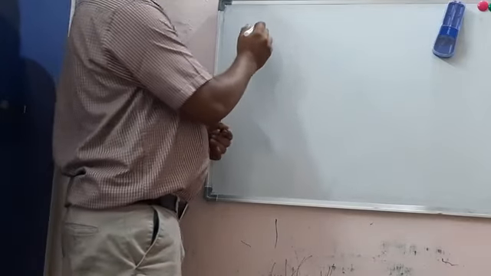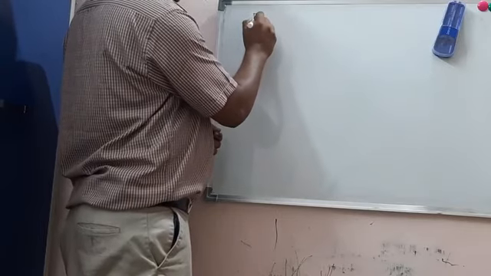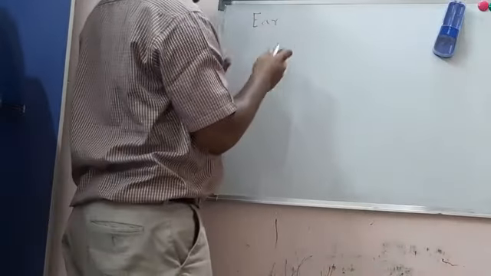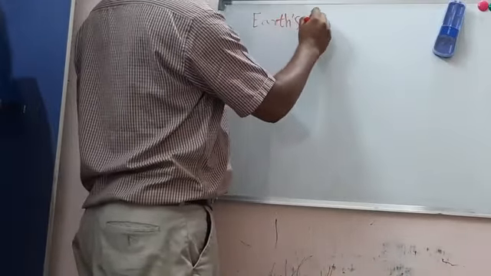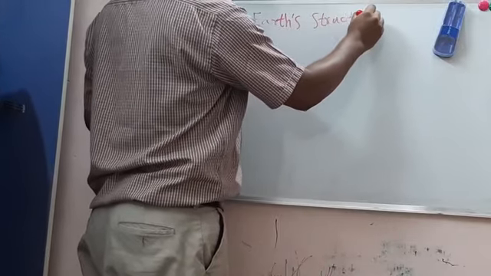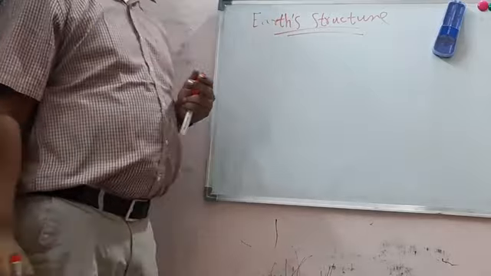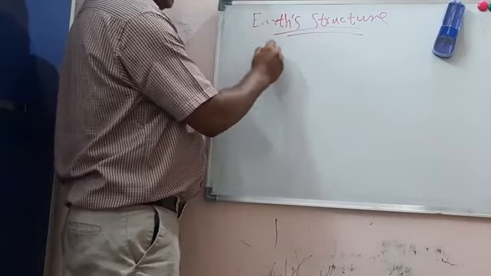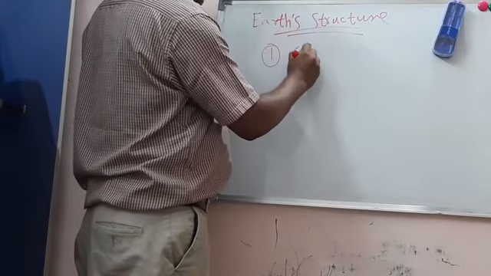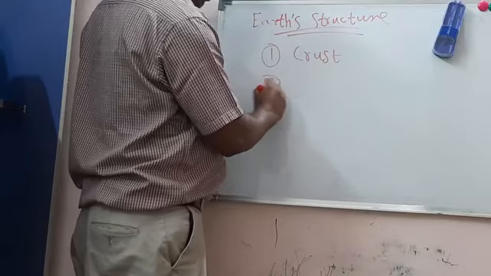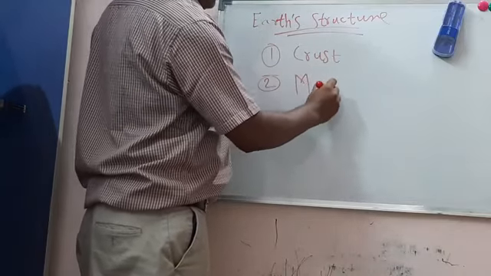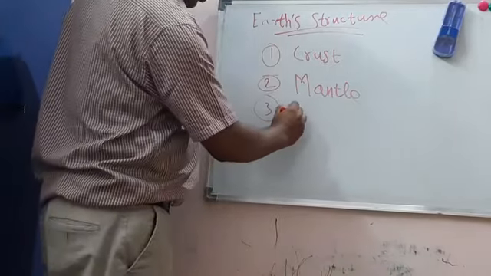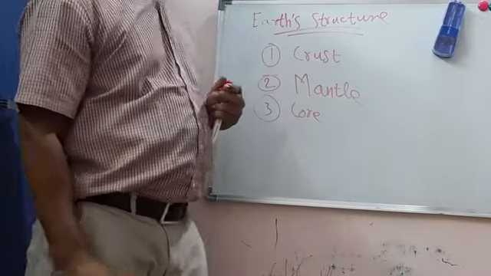Actually, if you take our Earth's structure, it majorly consists of three parts: one is the crust, another one is the mantle, and the third one is the core.